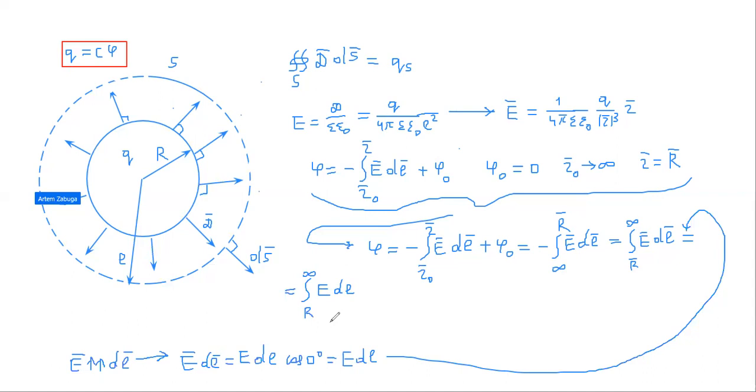And this integral is much simpler than it was before. Why? Because it doesn't contain any vectors. So it is not a linear integral, it is a simpler integral. And we have managed to do this because the electrostatic field is always a potential field.